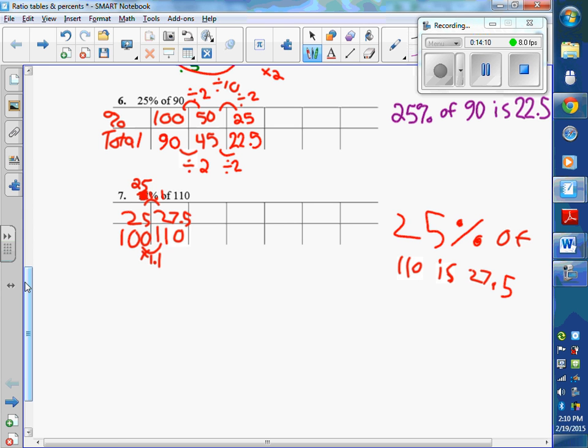I'm seeing big eyes like, wow, how did he get the right answer when it looks like he did it wrong? He didn't do it wrong, but he's got some really good mental math skills that he was able to see that he can multiply 100 by 1.1 and get 110. So it's correct. I'm going to erase it, and we're going to check his work with the other method.